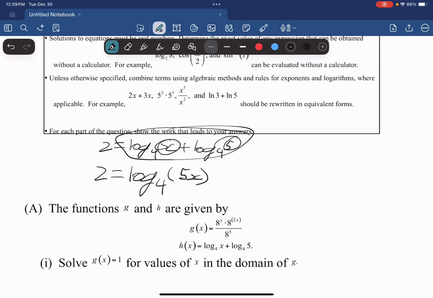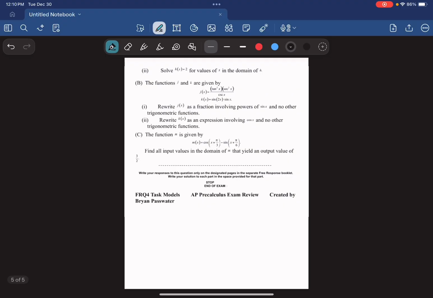So 4 to the 2 equals 5x. I'm sorry, 2 to the 4. I mean, they equal the same thing anyway, so it doesn't matter. But 2 to the 4 equals 16 equals 5x. X should equal 16 over 5. Bang, okay. On to the next one.